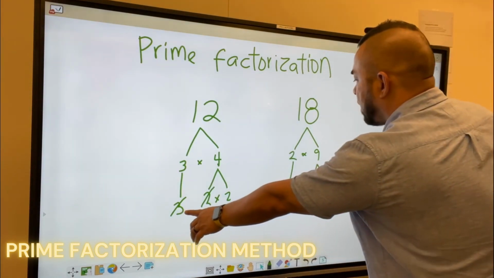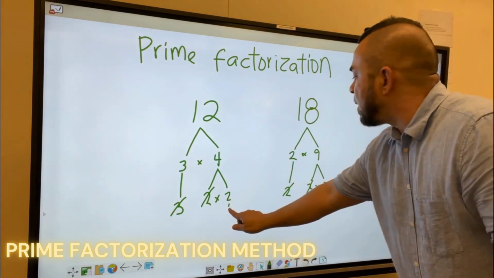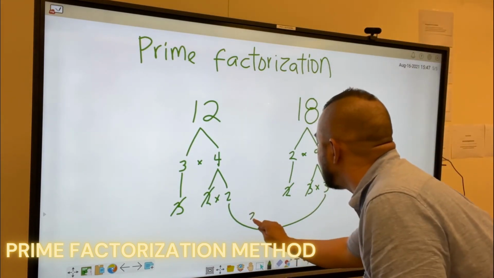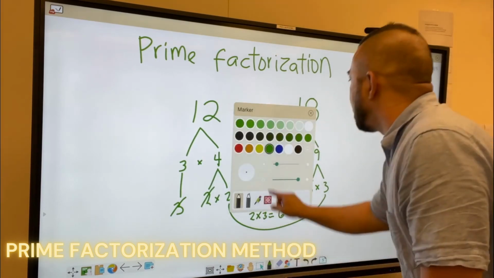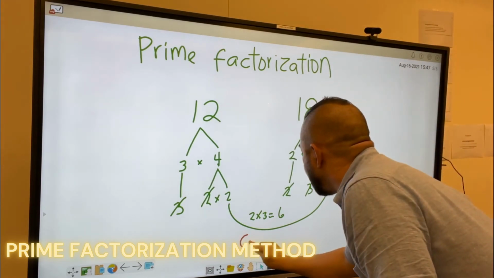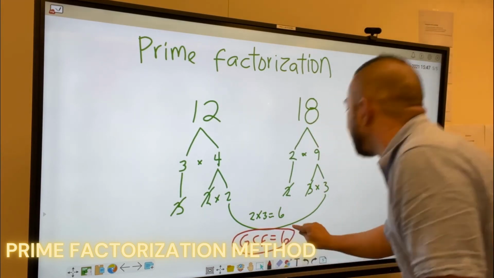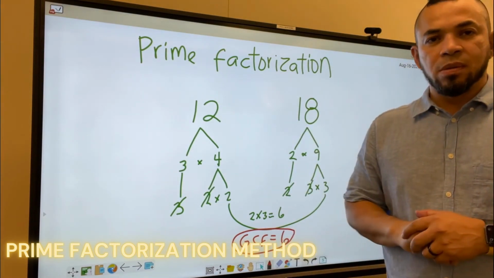I eliminated the 3 and the 3 and the 2 and the 2. And then I see what I have left. You can see that what I have left is this, the 2 and the 3. So I multiply those. 2 times 3 equals 6. So, greatest common factor is going to be 6. Okay? So that is prime factorization.